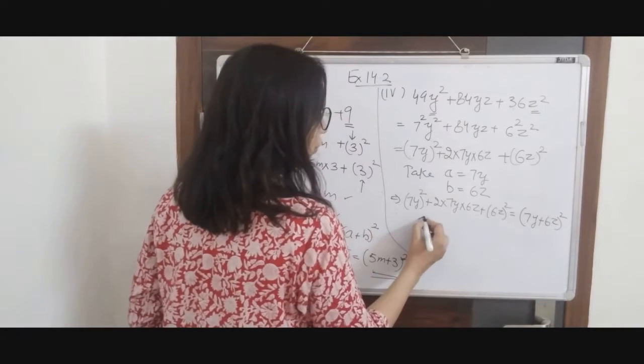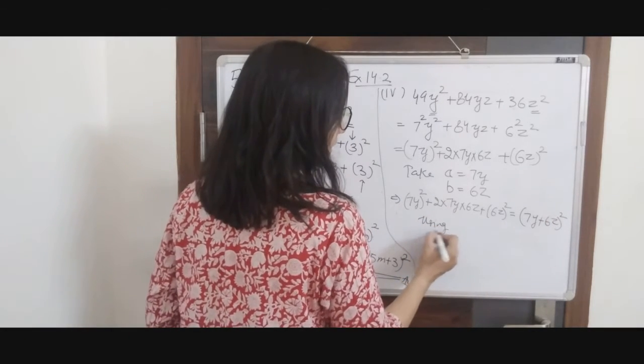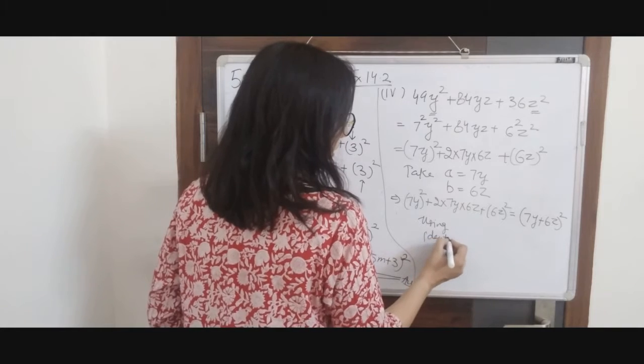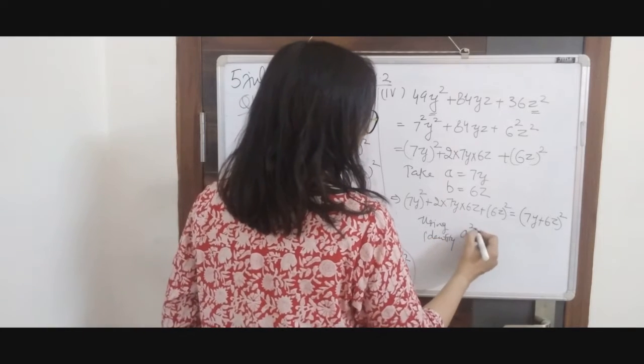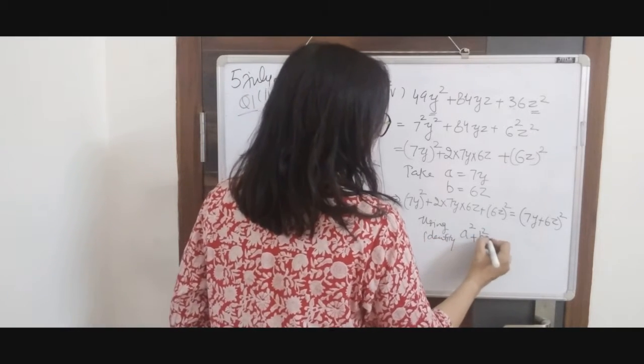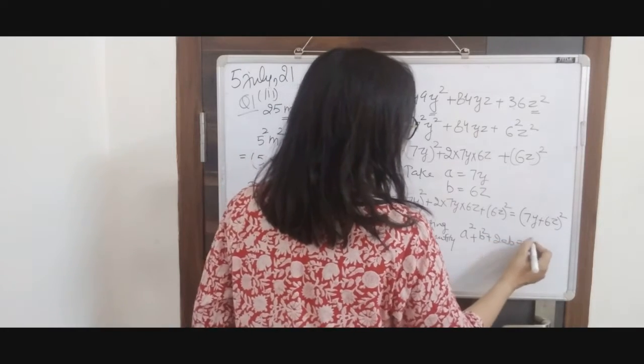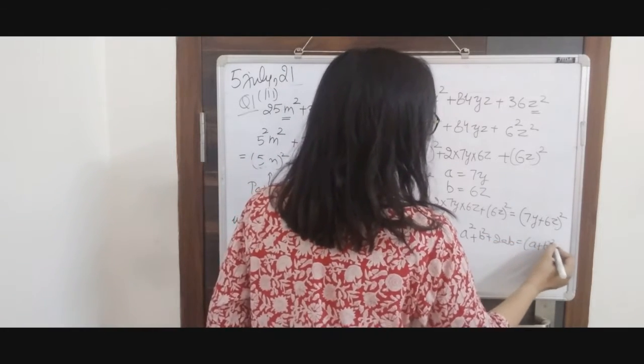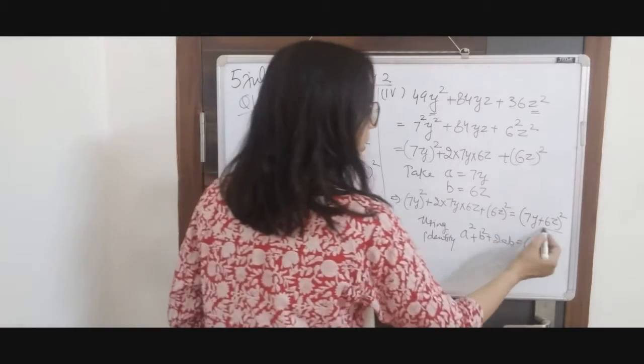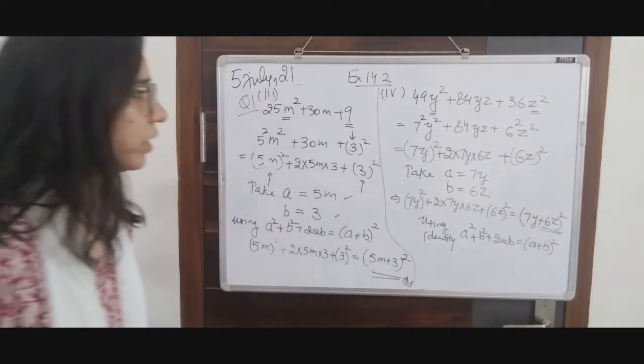What did we use? We used the identity a square plus b square plus 2ab is equal to (a plus b) whole square. So this is your answer for this one.